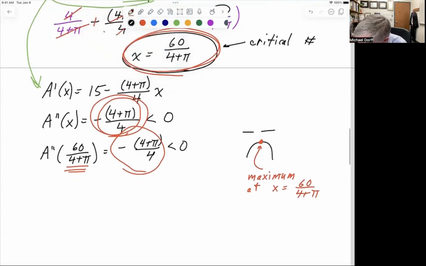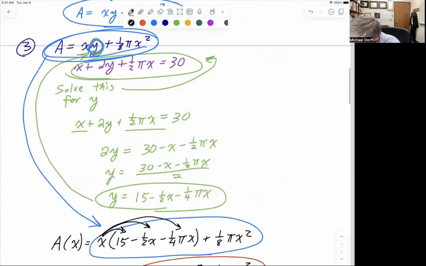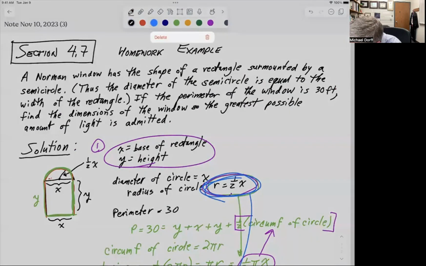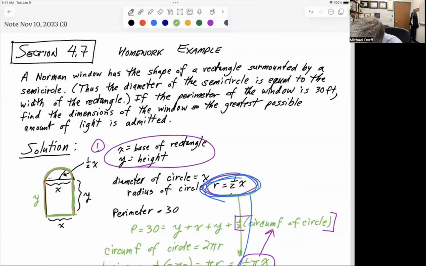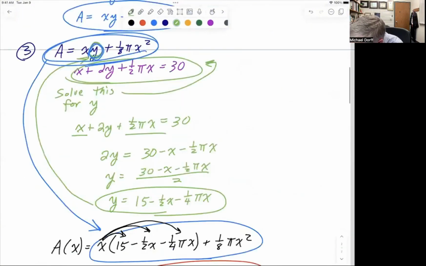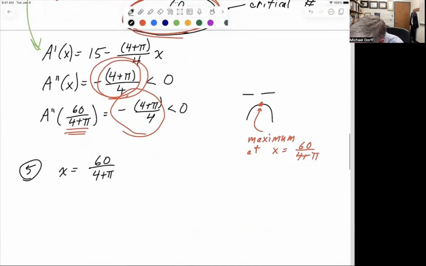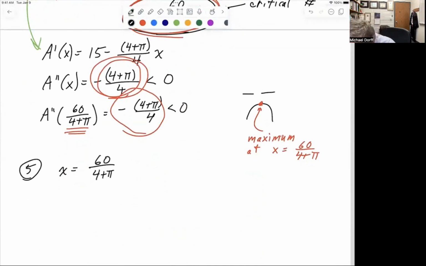So now we just have the last step, and that is to answer the question. Going back to the very top, let's make sure we answer the question. The question is: find the dimensions of the window. So we need to find what y is. We've already seen that x is 60 over (4 plus pi). So now what is y?